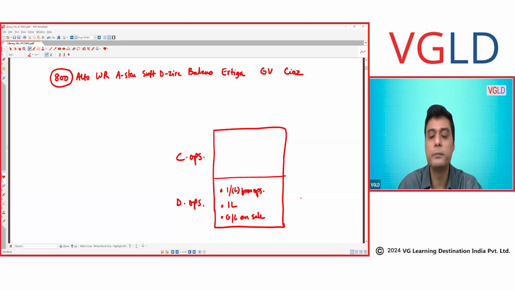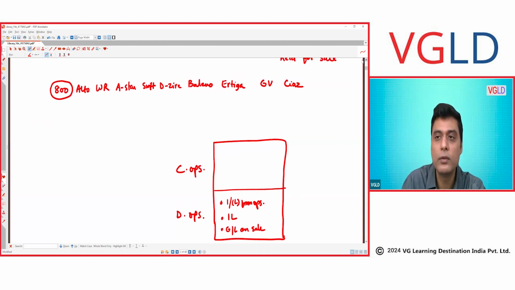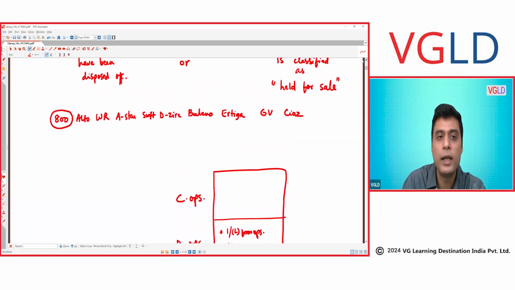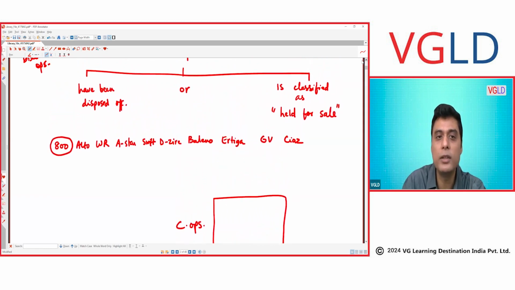Now, what does it mean? Maruti 800 meets the definition of a component and it is either sold off. What did we write here on top? That it is a component that has been sold off, disposed of, or is classified as held for sale.